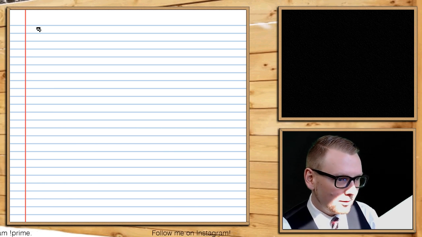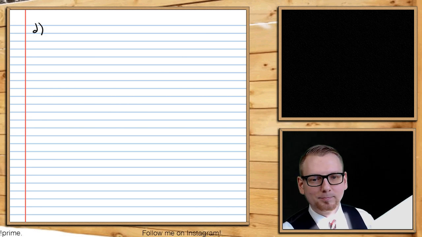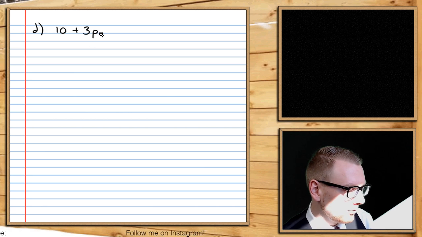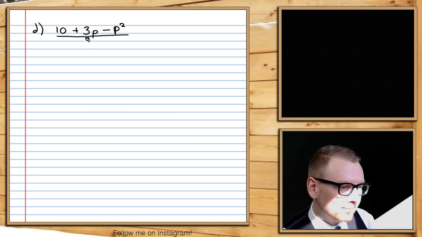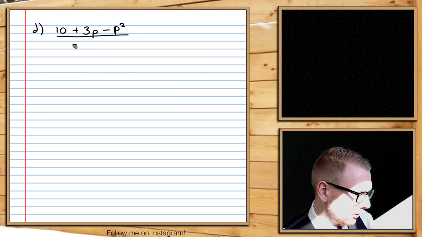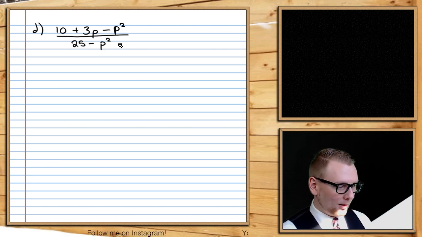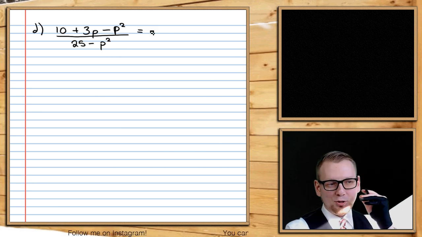Okay, D. 10 plus 3p minus p squared over 25 minus p squared. Okay, I know you know how to do this one. Let's see it. Nothing's changed.